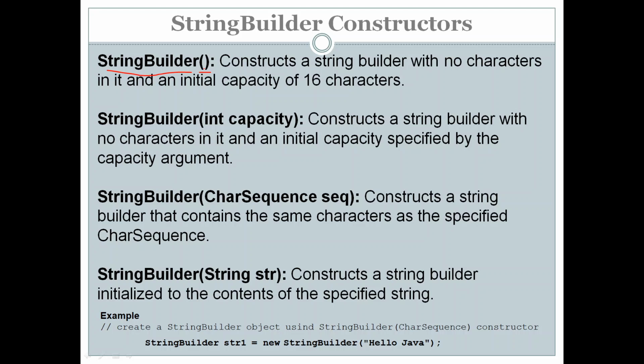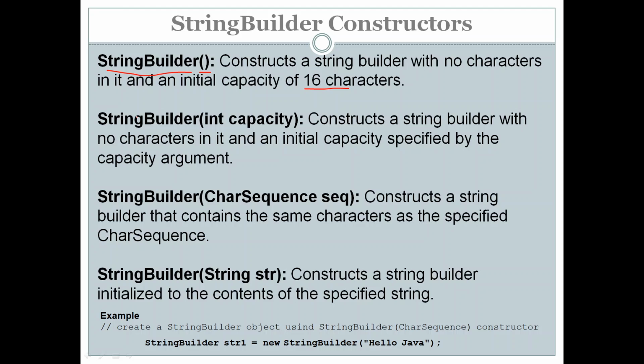That means there is no character in the string, and the initial capacity is 16 characters. As we have seen, even in case of StringBuffer, whenever we create a string without any characters, it creates a capacity of 16 characters. So it will reserve 16 characters in that empty string.